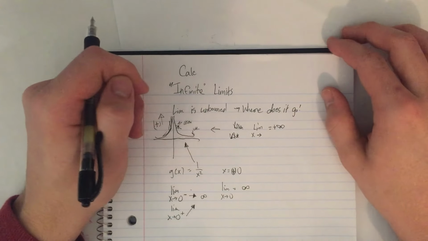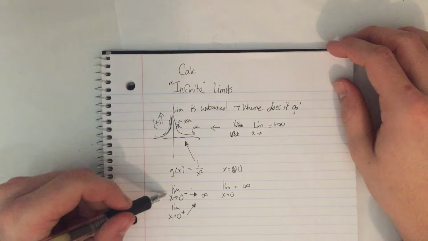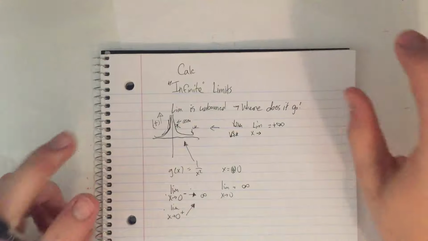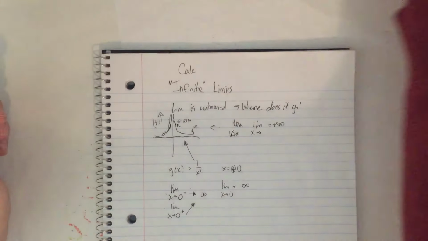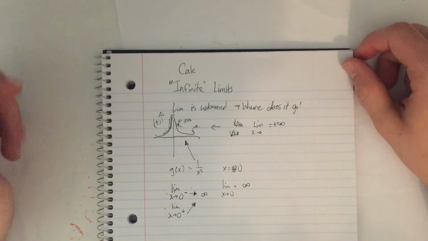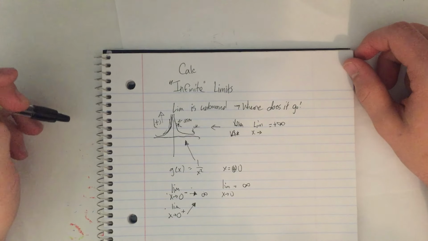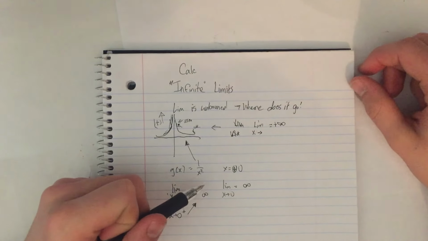So basically, you find the limit from the left, you find the limit from the right, you look at where it goes, and that's your limit, even though you can't have an infinite limit. And that's about it. But it follows the same rule as regular limits.